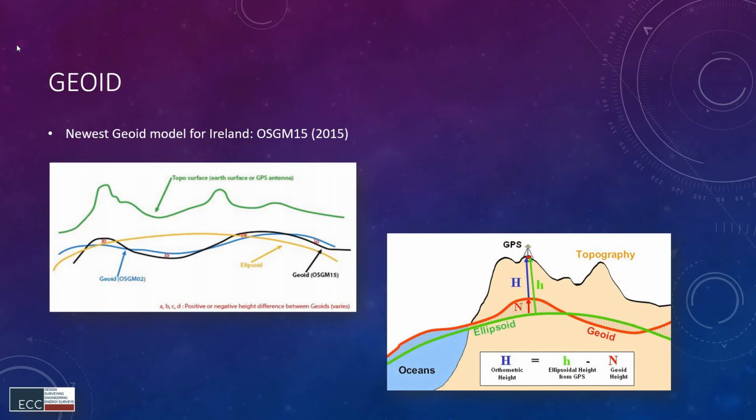Some sea level point and an equipotential surface, where every one of its surface points has the same g-force towards the center of gravity of the Earth, and this goes under our hills and everywhere.